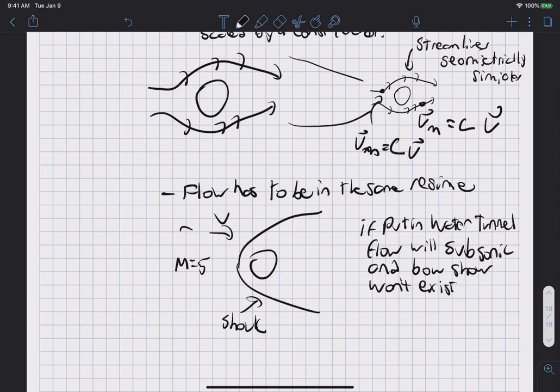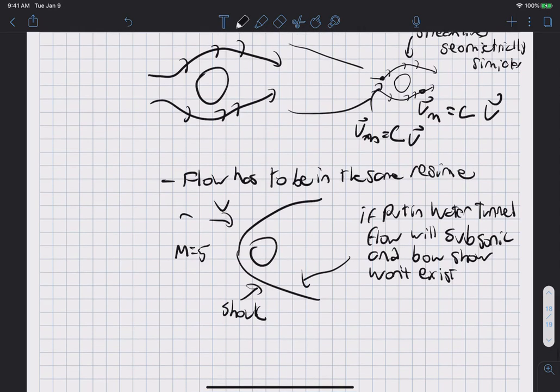And for these types of flow conditions, the type of flow regime has a huge influence on the measurements of the experiment. So that's just one example. So if you have supersonic flow going over the real object, you need supersonic flow going over the experimental object.